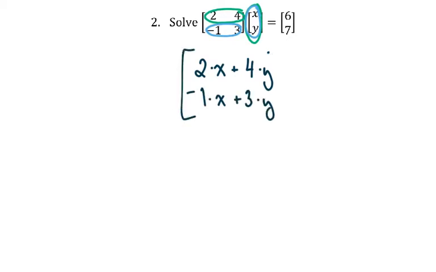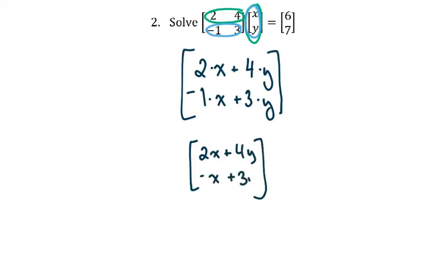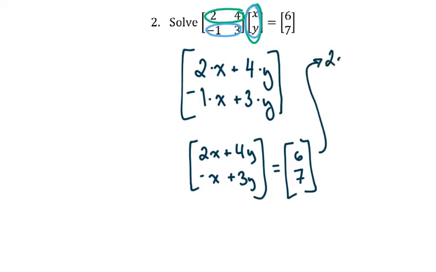And that's going to be our new matrix. We've multiplied everything together. So on this side, we end up with 2x plus 4y and -x plus 3y. Well, if we look on the other side, that's equal to 6, 7. And now we have a lovely system of equations that we can solve where the first terms are going to be equal to each other and the second terms are equal to each other.